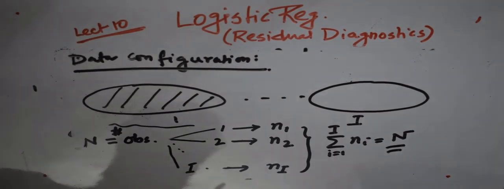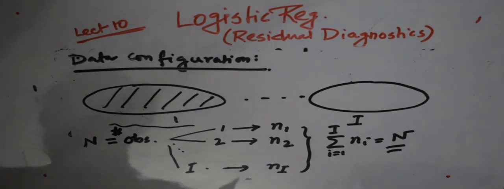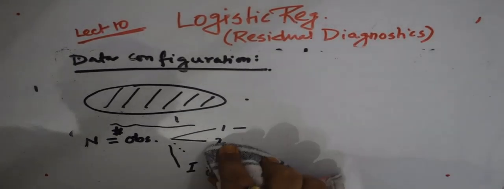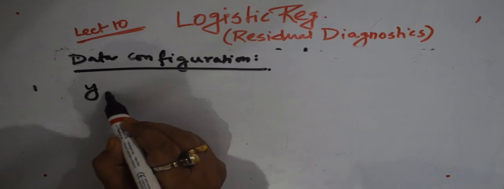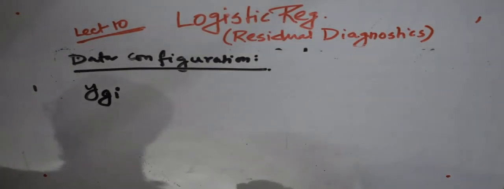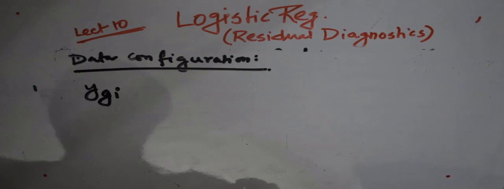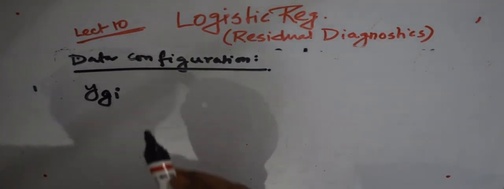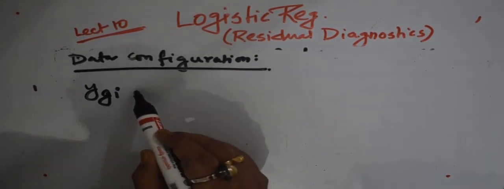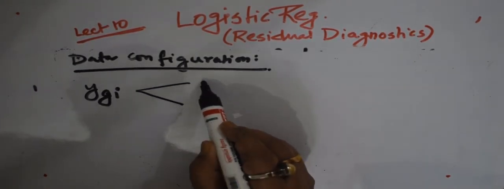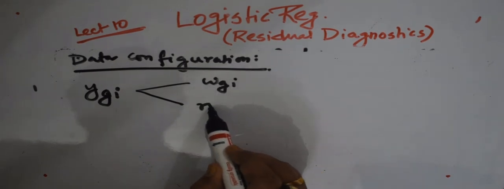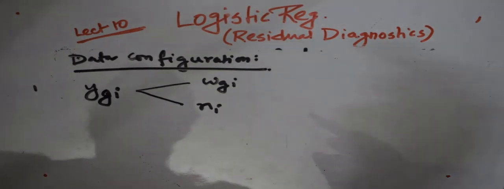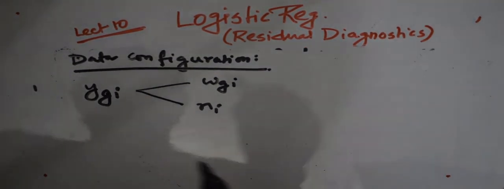The response indicator variables, denoted by ygi for the original observations, are replaced by two variables, wgi and ni.